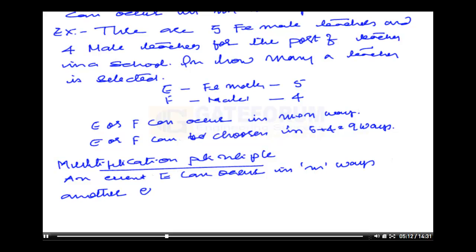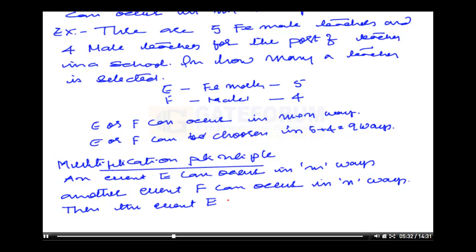Another event F, which is independent of E, can occur in N ways. Then the event E and F, I am emphasizing the word and, can occur in M into N ways.